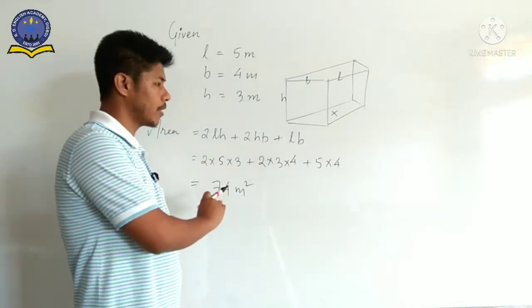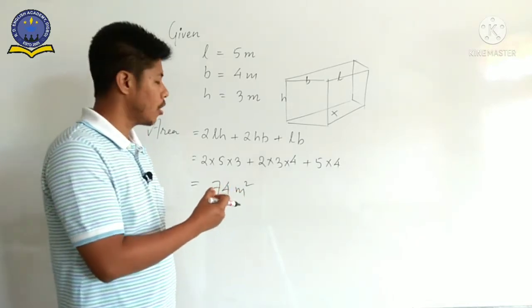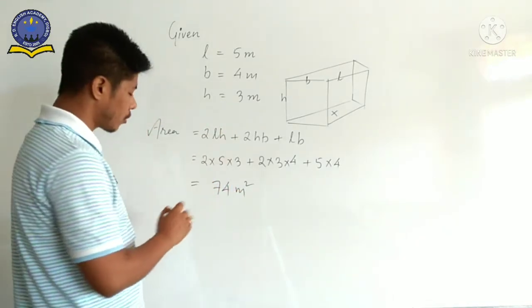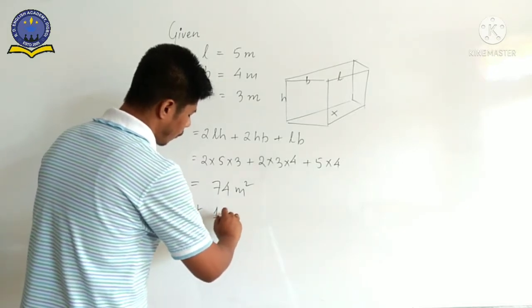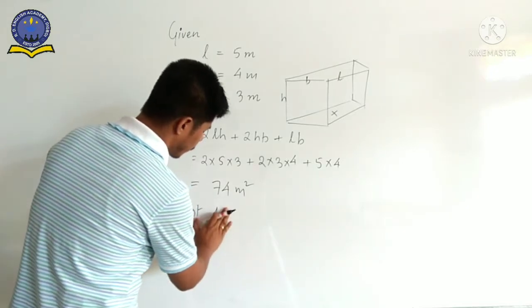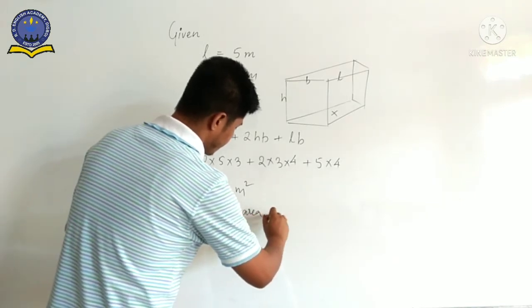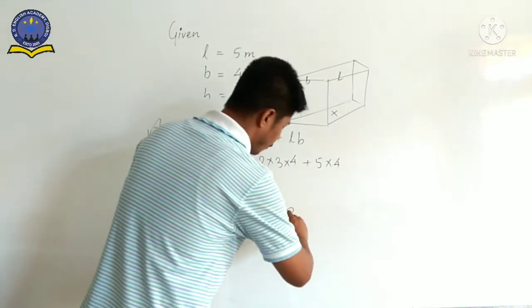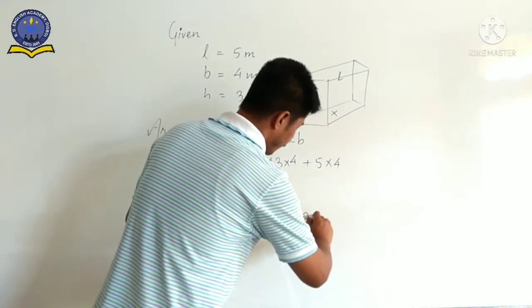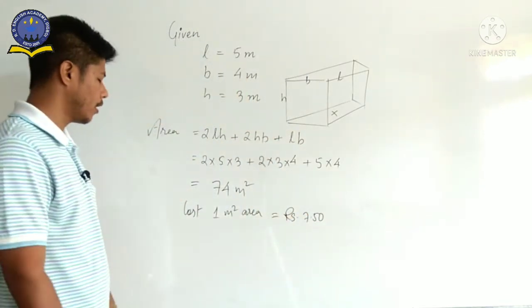Understood? Okay, this one is the area. Now after that, the cost per meter square. The cost is given for 1 meter square area, which is rupees 7.50, isn't it? This is the amount given here.